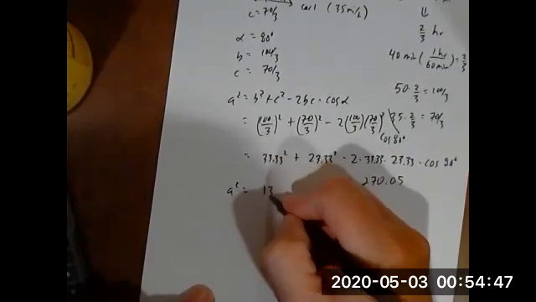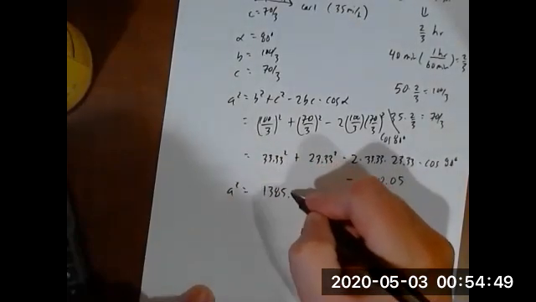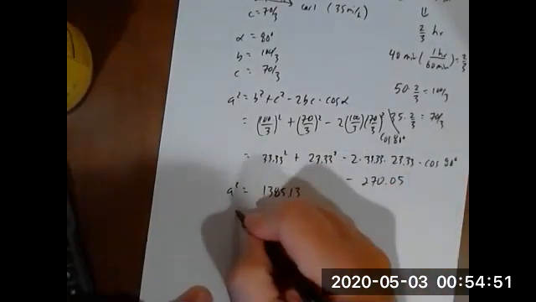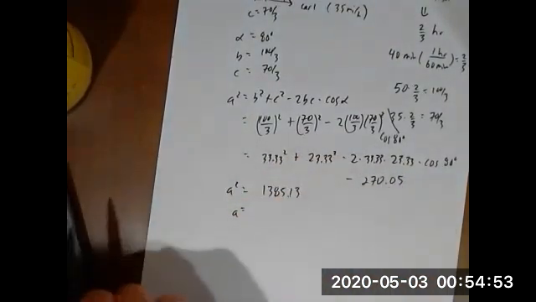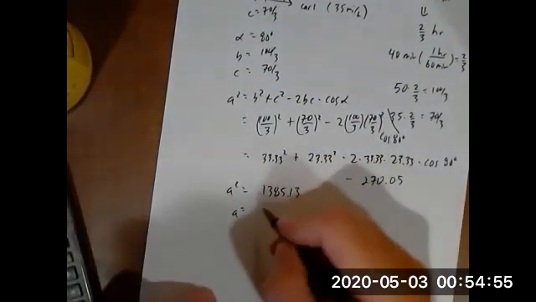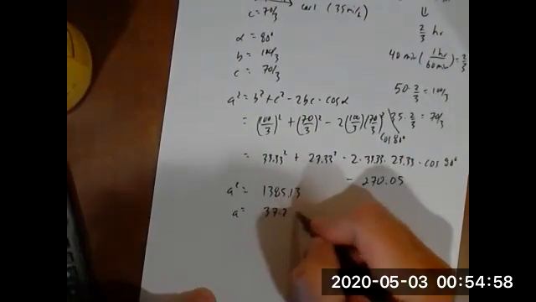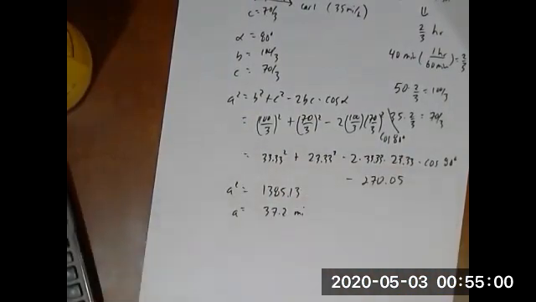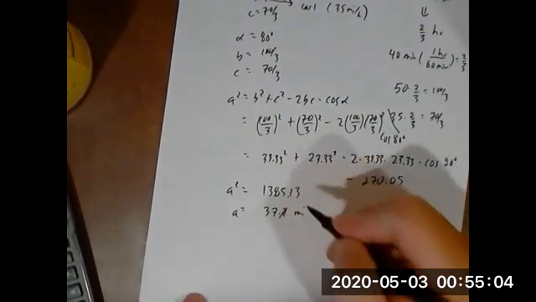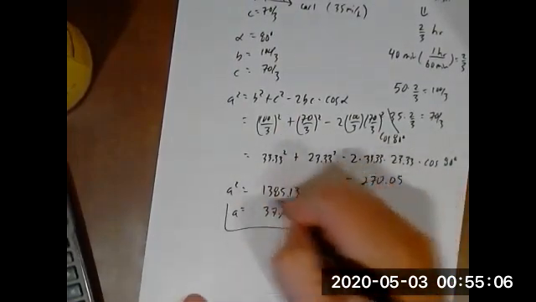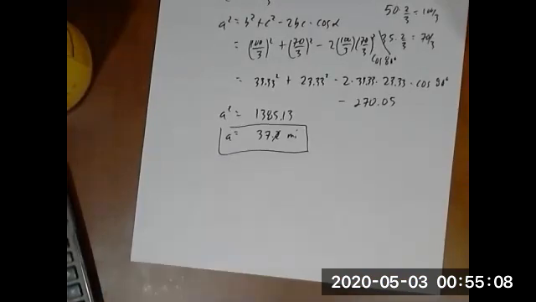A squared is 1385.13. So if I didn't mess up, A is 37.2 miles, and they said round to the nearest mile. 37, that's actually correct. Wow. So that's a law of cosines application problem.